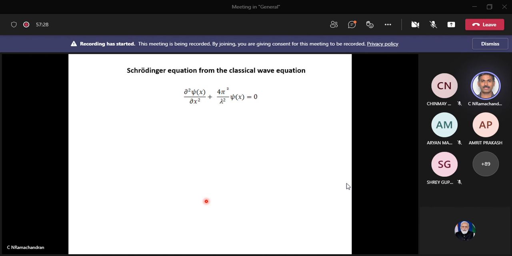From the historical point of view, the time independent Schrodinger equation was proposed first. There is no derivation for that. That thought process was just similar to those equations. There is no derivation for that.